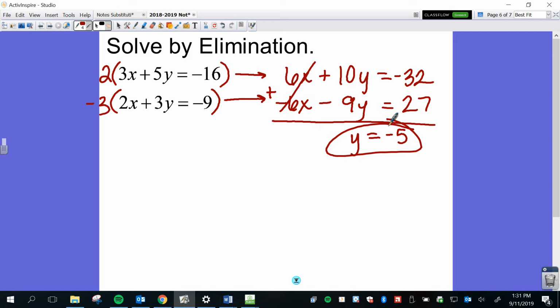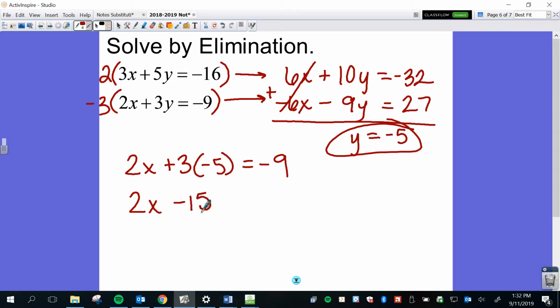We'll just pick that one. So I'm going to copy this down, plugging in the number negative 5 in the place of y. So 2x plus 3 times negative 5 equals negative 9. So 2x, 3 times negative 5 is negative 15 equals negative 9.